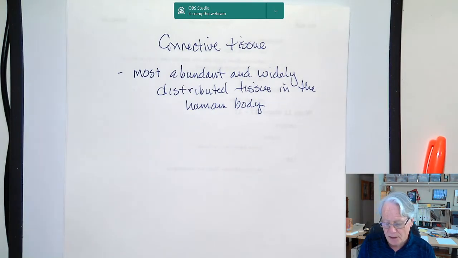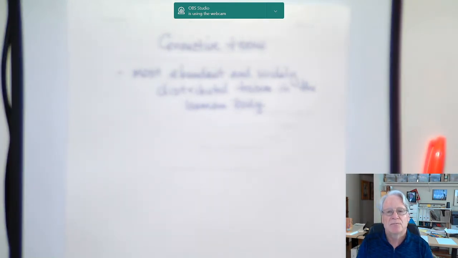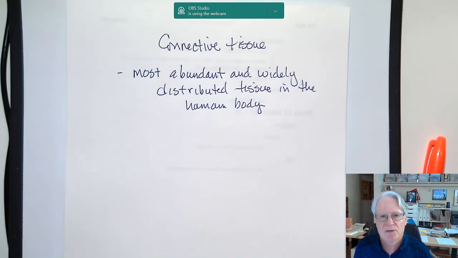It makes up, in terms of the four major tissues that you're composed of, the most abundant, and it's also the most widely distributed throughout your body.